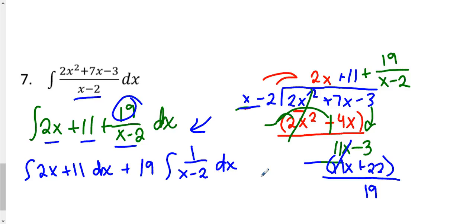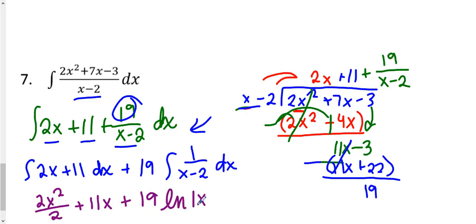You can go straight to integrating, which is 2x squared divided by 2 plus 11x plus 19. 1 over something is the ln of the absolute value of that something, because the derivative of what's on the bottom is on the top.